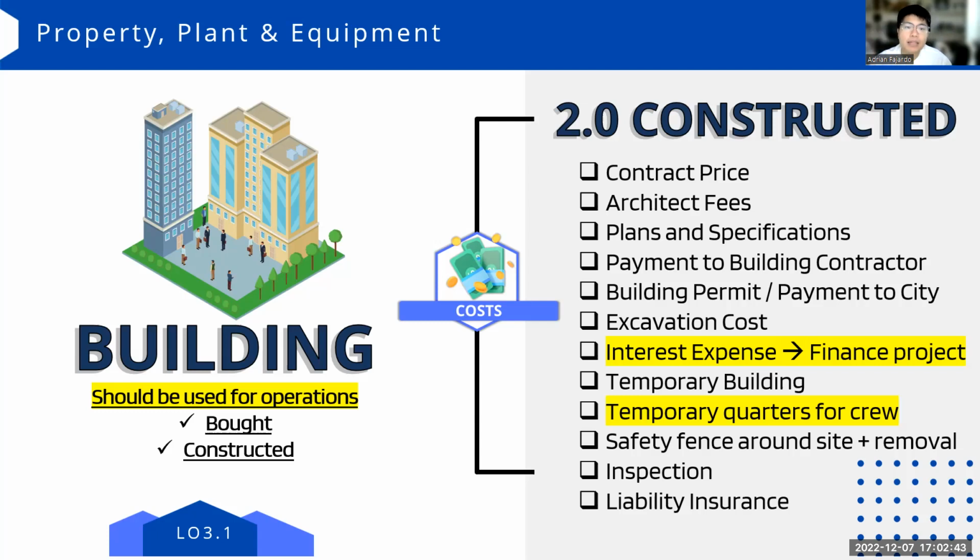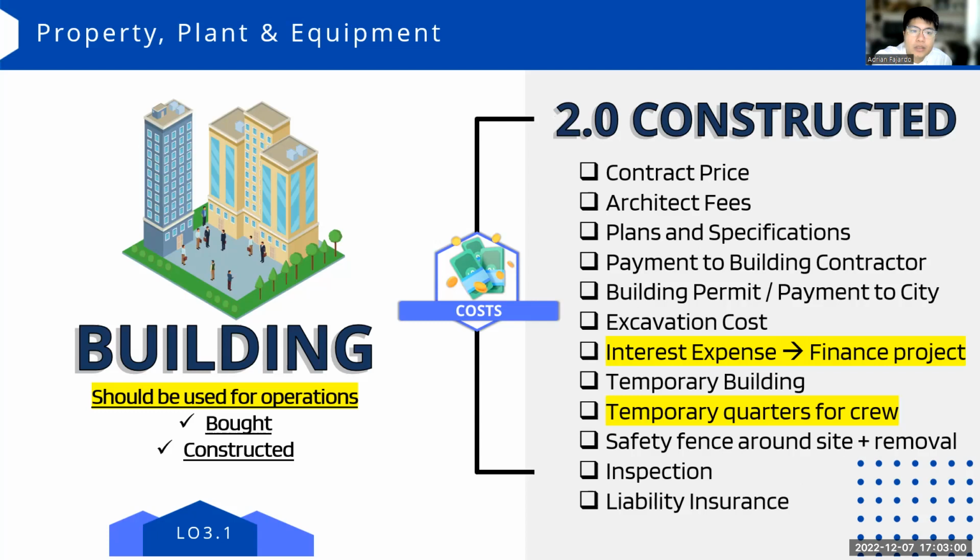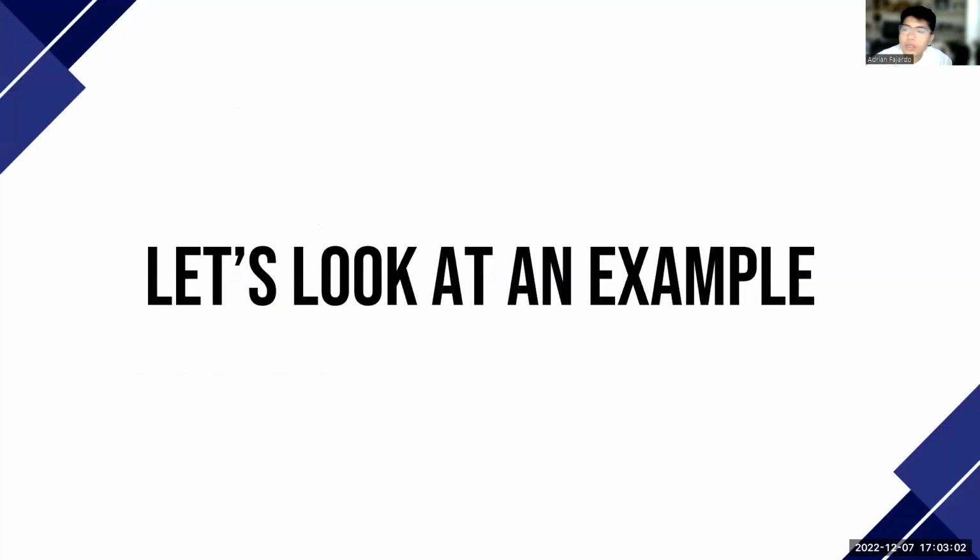Any inspection or liability insurance related to the construction should also be part of the building. Again, I'm requesting you to please familiarize yourself with all the terms related to valuation of the building, whether it's purchased or constructed.